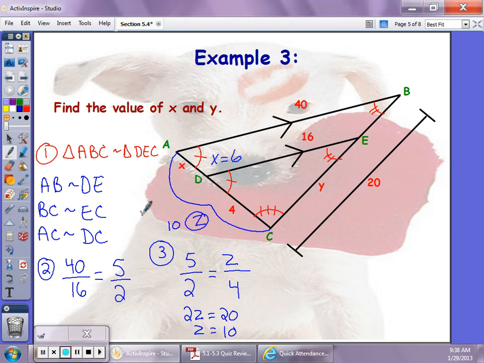Okay, so now we can use the same scale factor to find the length of y. We're going to call this our fourth step.